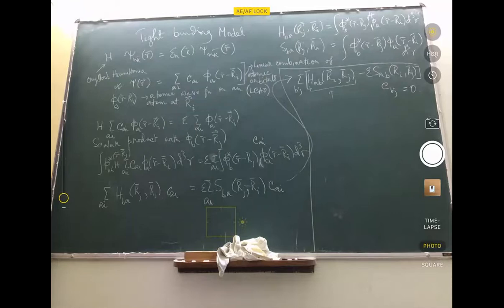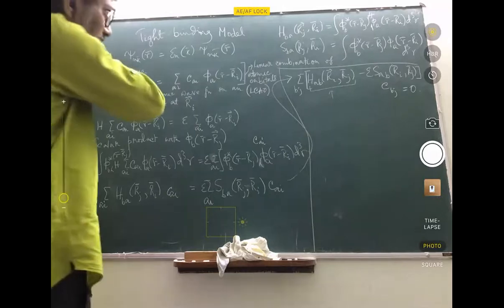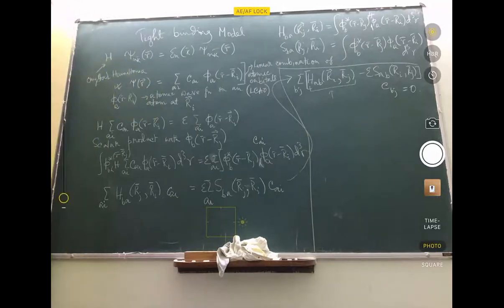So, all right. I'll take a simple molecular example to illustrate the different types of terms that you encounter here. And then next time we'll take up the discussion of periodic solids.